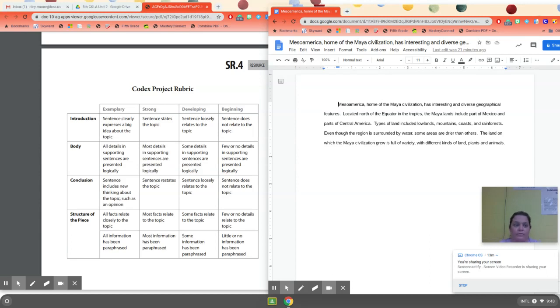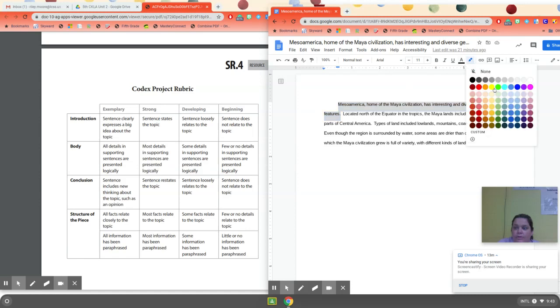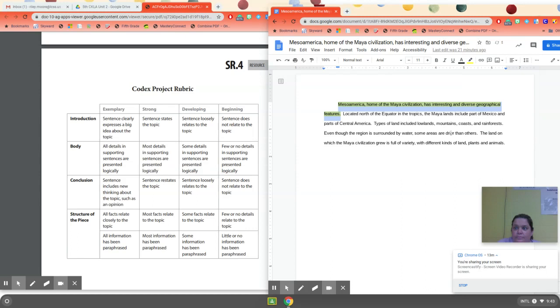Okay, so first off, let's look at the introduction. This is my introduction right here. Okay, that's my intro. So, Mesoamerica, home of the Mayan civilization, has interesting and diverse geographic features.